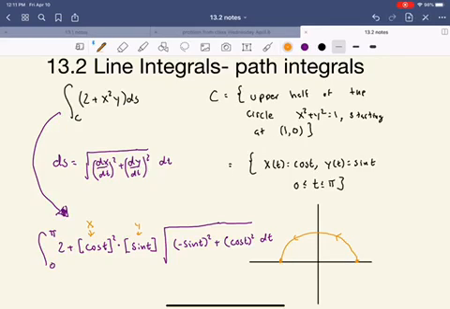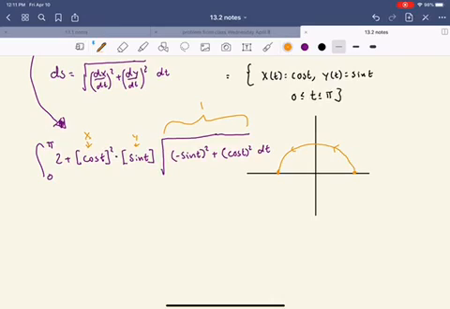Now, this of course collapses to be 1. I guess I should have put this in parentheses here. So we end up having the integral from 0 to pi of (2 plus cosine squared of t sine of t) dt.